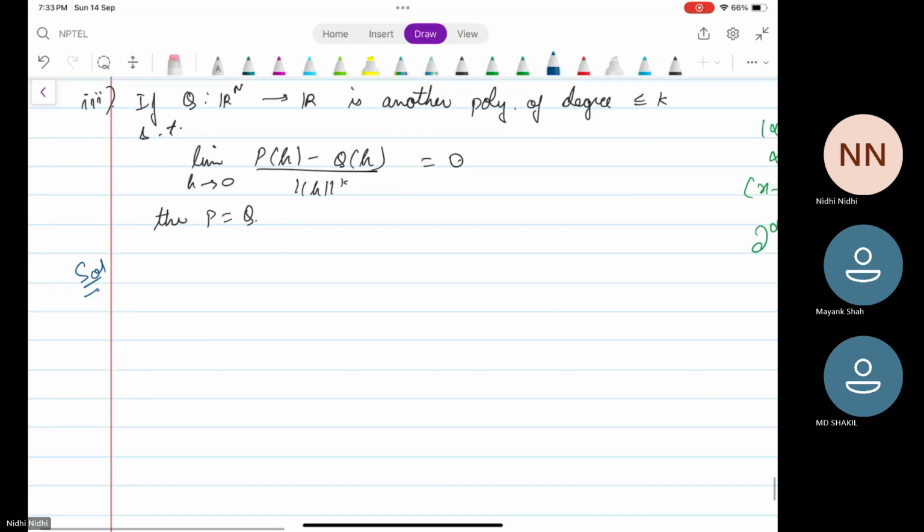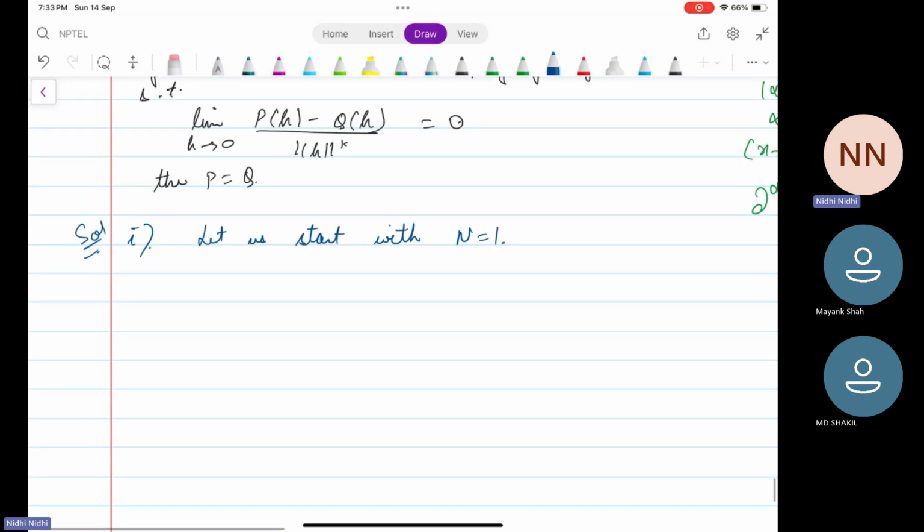Solution. So firstly, let us start with n equals 1. In this case, our P(x) is a polynomial of degree k, so it can be written as a0 plus a1 x and so on up to ak x to the power k.